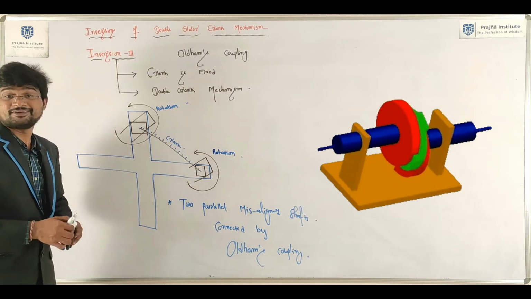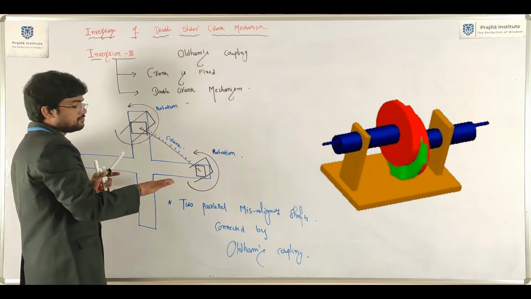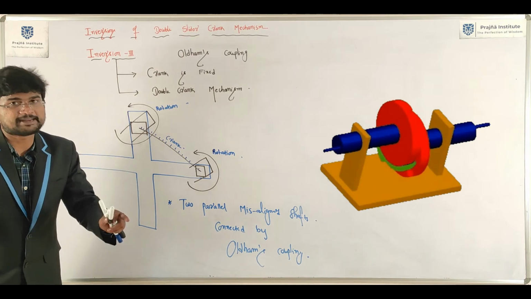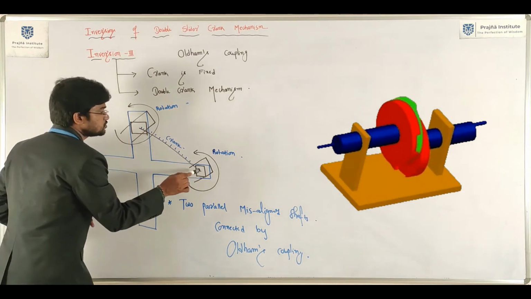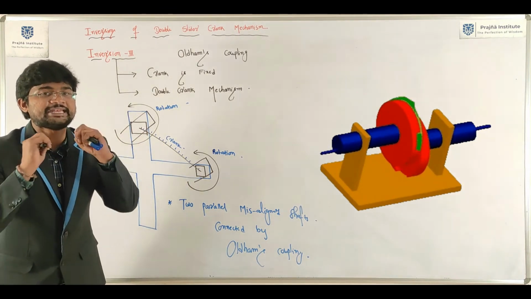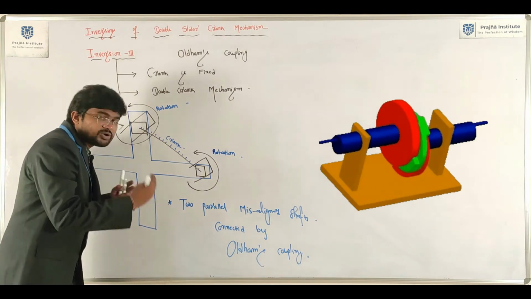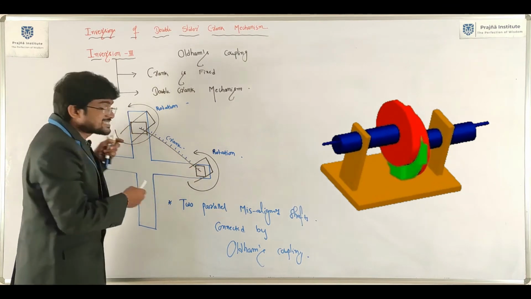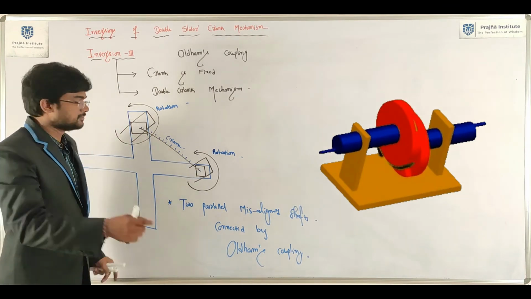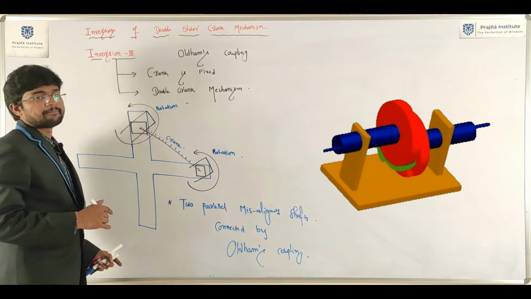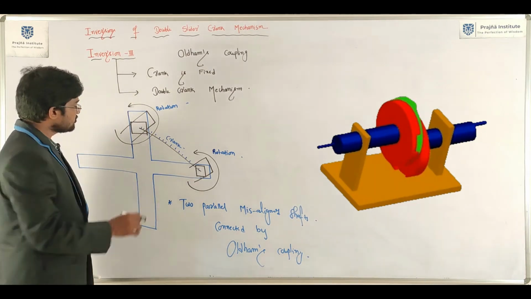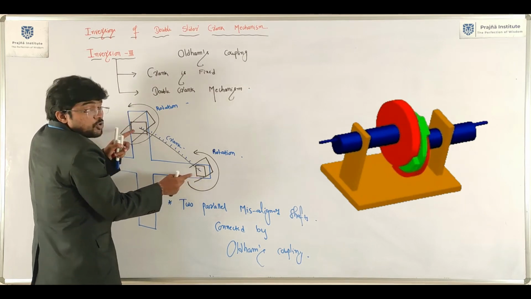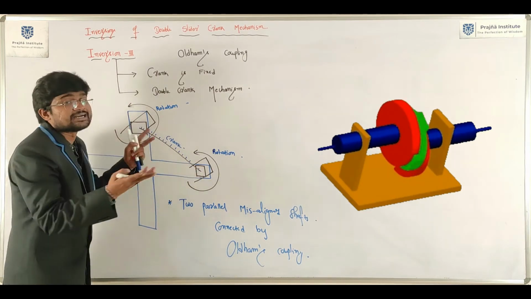Just see the animation, you will get it. Two parallel misaligned shafts connected by Oldham's coupling. These two shafts will rotate. Actually these two are sliders, and they are meant to slide. But we are fixing the crank, then these two sliders have no option. They can't slide.